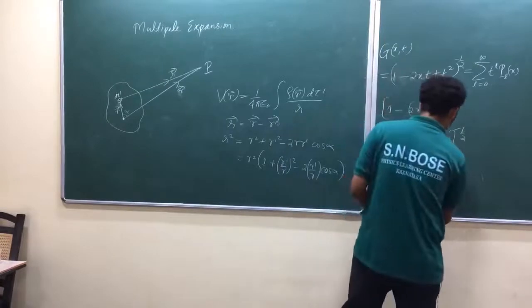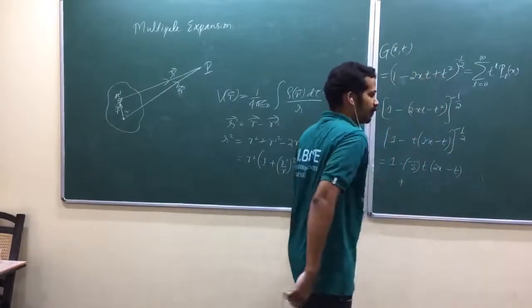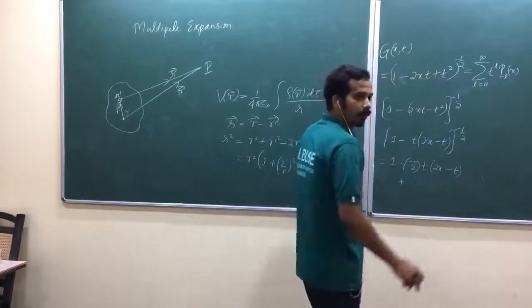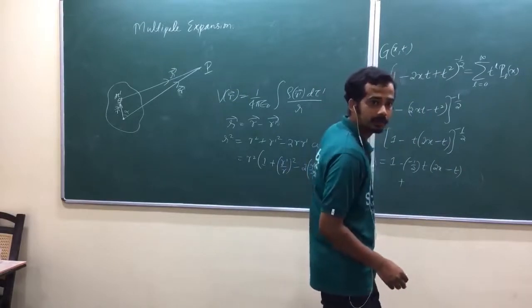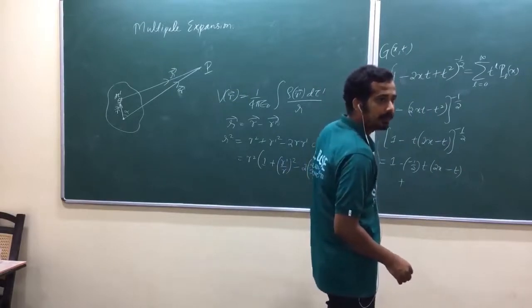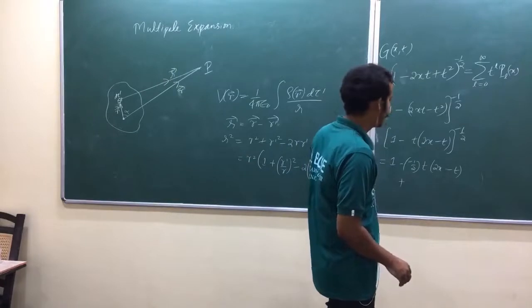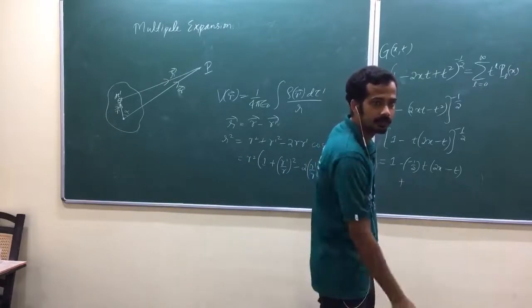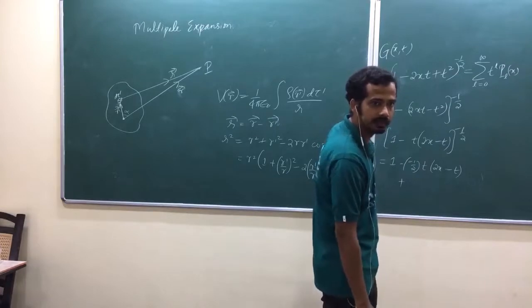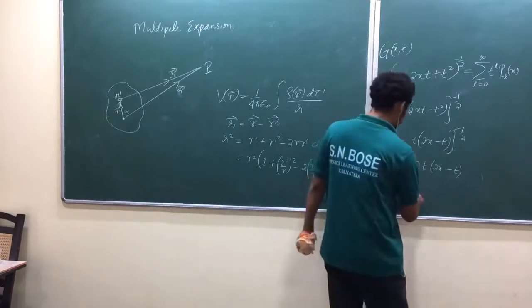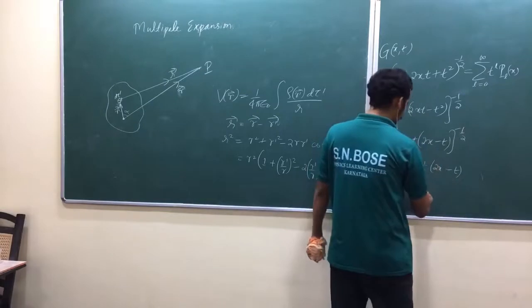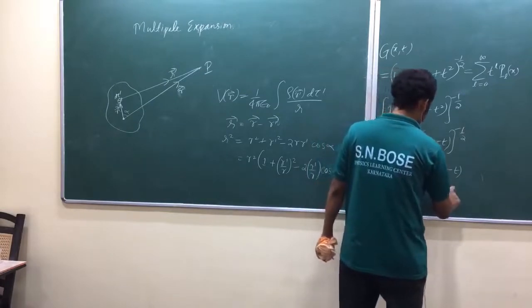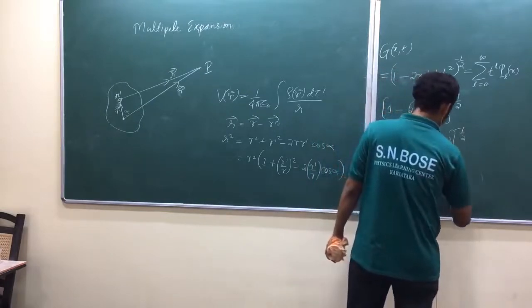Yes, 2x. Minus 1 by 8 or plus 1 by 8? p into p minus 1, minus half into minus half minus 1. What does that mean? Plus 1 by 8, this whole square, t square, 2x minus t the whole square, plus and so on.